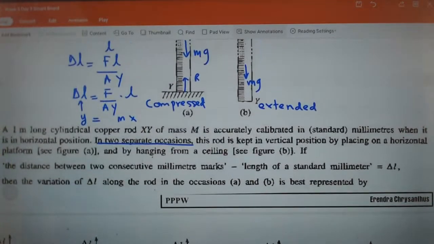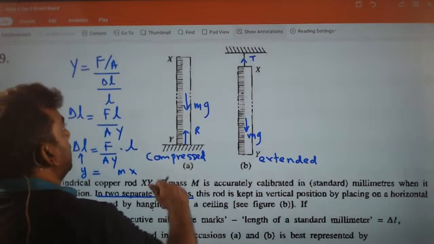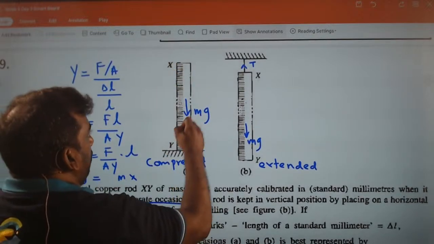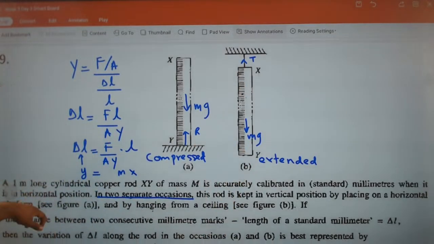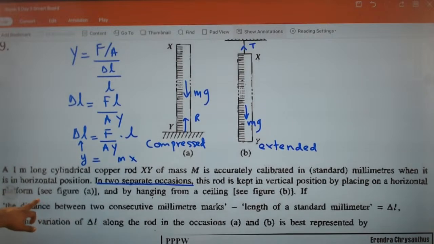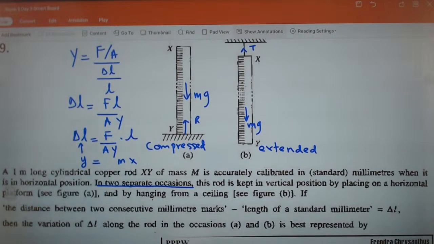Let's see. 1 meter long wire, X is on top, Y is at the bottom. Right. The rod is kept in the vertical position by placing it on a horizontal platform. The distance between two consecutive millimeter marks, what will happen?